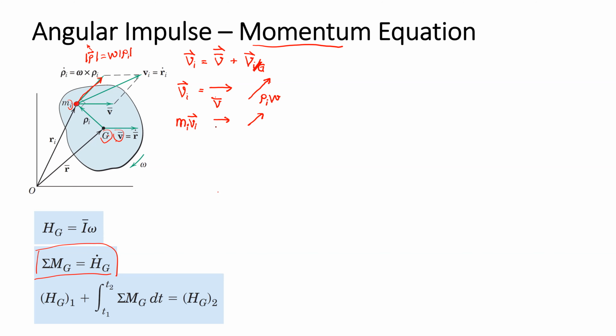The magnitude is equal to m v bar and the rho dot omega term, and it should be multiplied by the mass of that individual particle. Angular momentum. What is angular momentum?